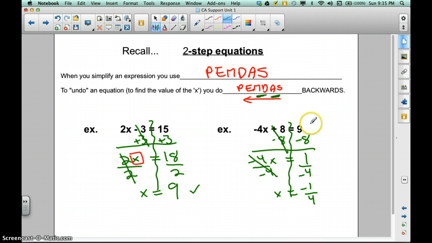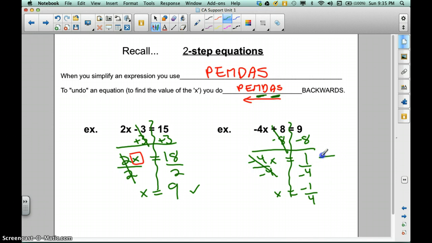All right, take a look. How did you do? I got x equals negative 1/4. There's a couple of things that could have gone wrong here, so make sure you look back at my steps. It was plus 8, so I subtracted 8 from both sides. That made the 8's go away. I had negative 4x equals 1.